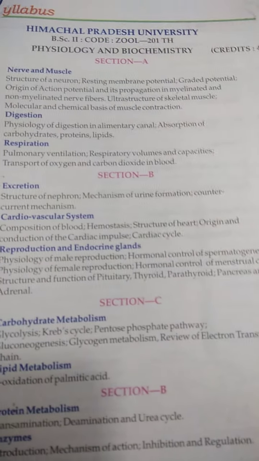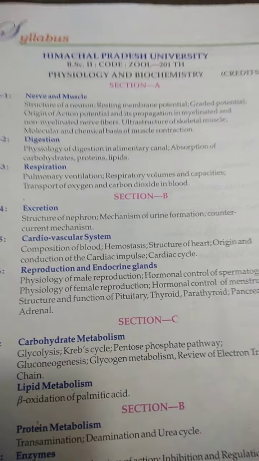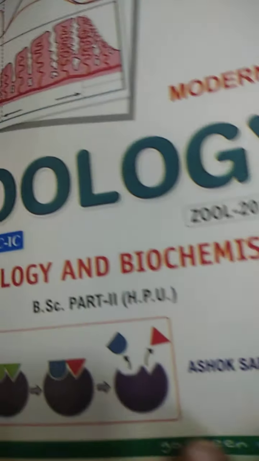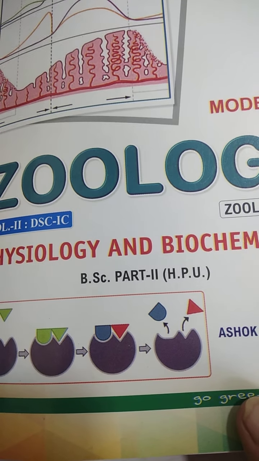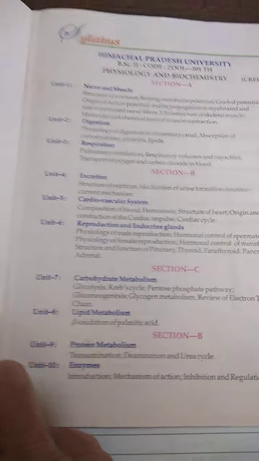Coming to the first one, the book which I am showing you is Physiology and Biochemistry by Ashok Sabharwal. It's the Moderns book, but we have other books also. For example, this is another book from Dinesh Publications.